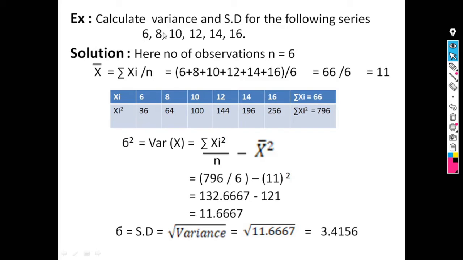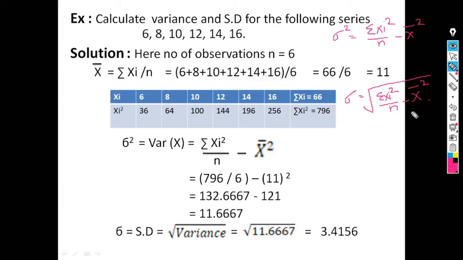Same example: calculate variance and standard deviation for the following series. The series is the same. So our second formula is variance of x, that is sigma square, equal to summation of xi square by n minus x bar square. And standard deviation sigma is the square root of summation of xi square by n minus x bar square.